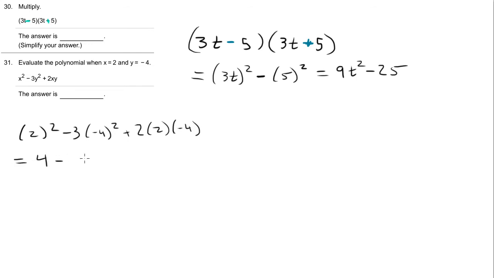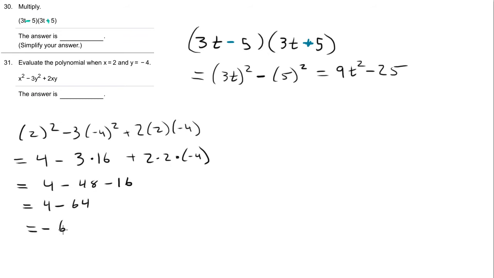Exponents first. 4 minus 3 times 16 plus 2 times a negative 4. Now we multiply. 4 minus 48 plus, minus 16. 4 minus 64, so a negative 60. All right.